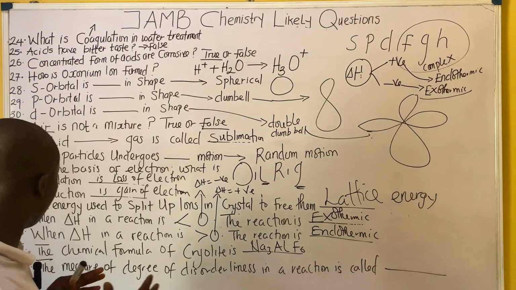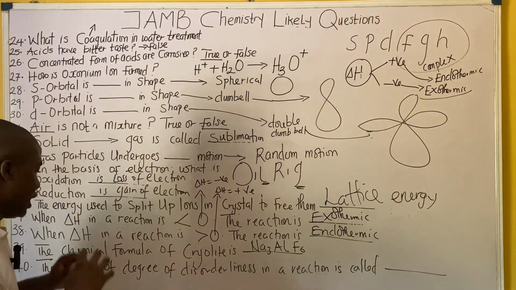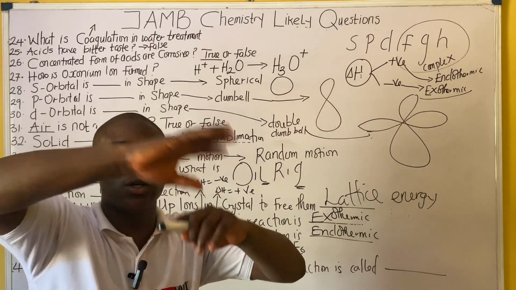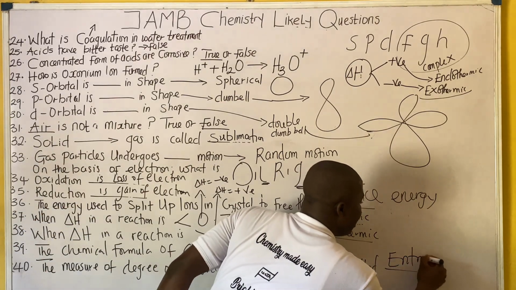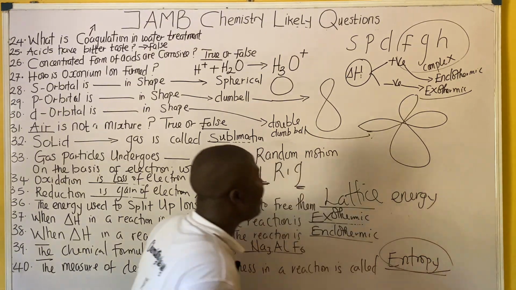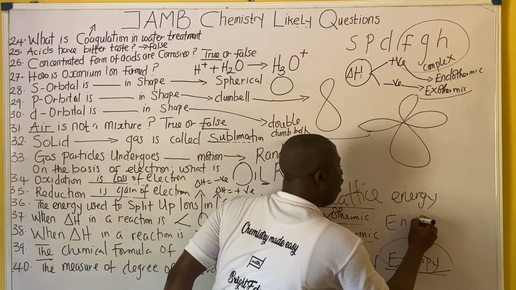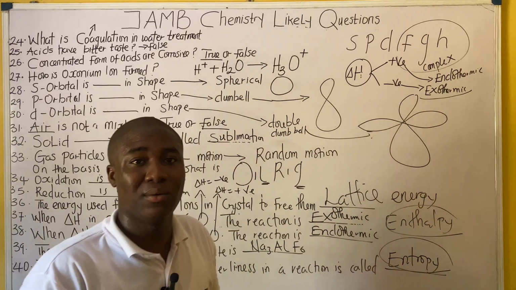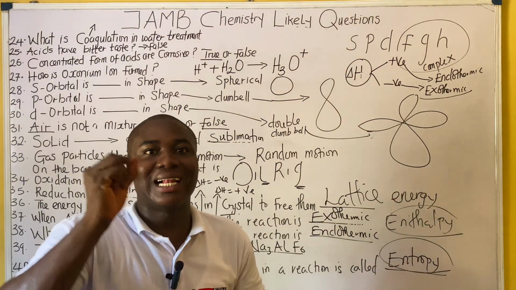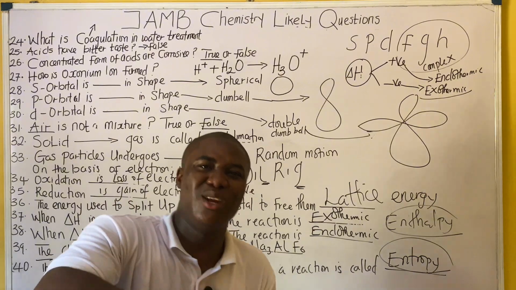All right, so moving over to the last question, which says the measure of the degree of disorderliness in a reaction is called entropy. Take note. Entropy and enthalpy are both state functions that determine if a reaction will be spontaneous or not.